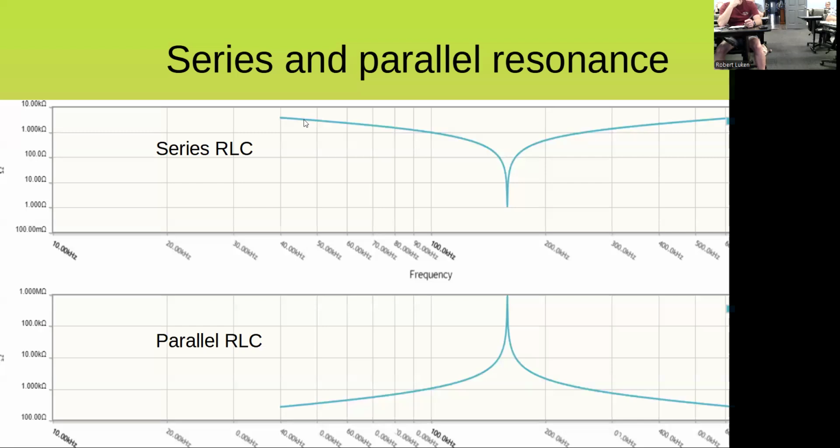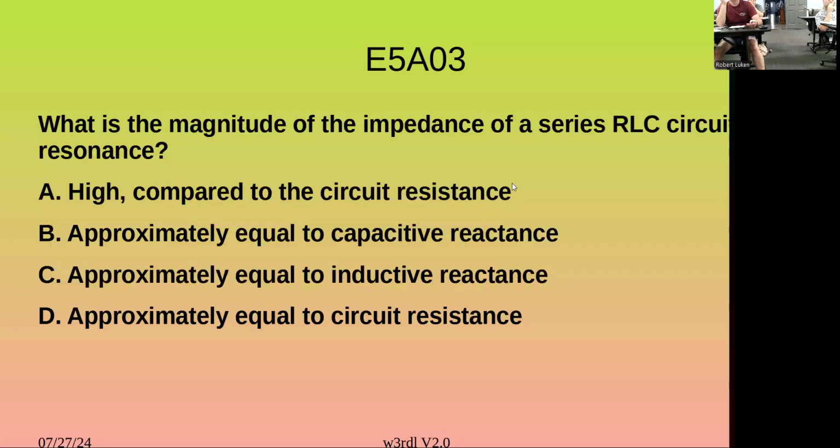This is just another plot showing how the series circuit works versus the parallel. They're essentially reciprocals of one another. Resistance is just thrown in there to throw you off in those questions. If you notice, there's no R in the formula for resonant frequency.